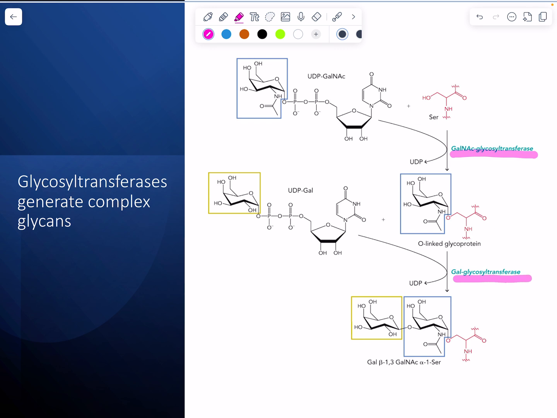They're specific for the monomer that's going to be added on. And this is how we form both the initial link to the protein, which is shown in this first step, and then how we add monomers on as we're building the thing.